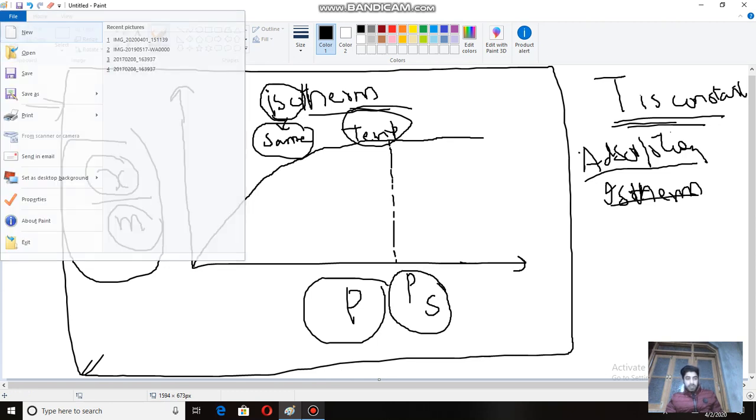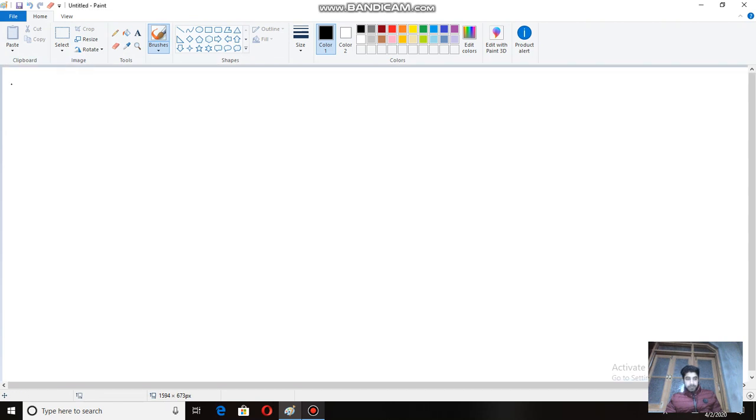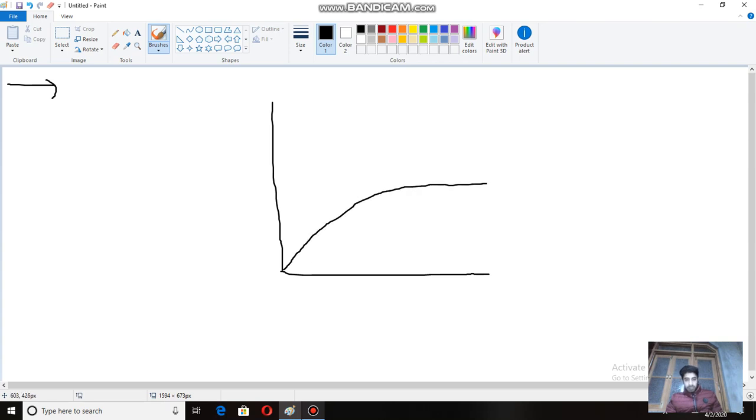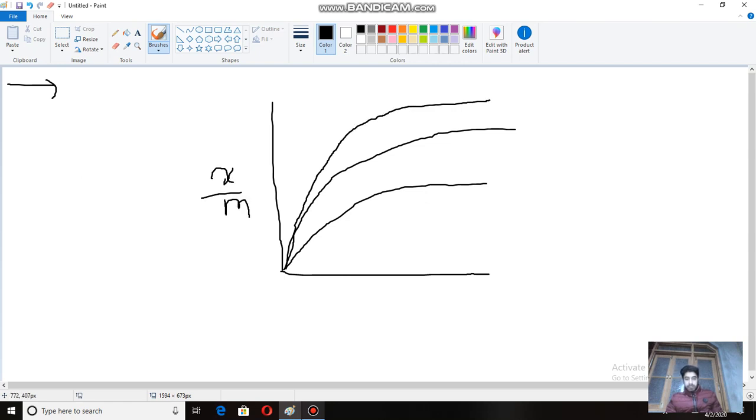Now let's make it more clear. If we draw 2-3 graphs like this, one like this, a second one like this, and a third one like this, this is x by m and this is pressure. Temperature is constant for each.